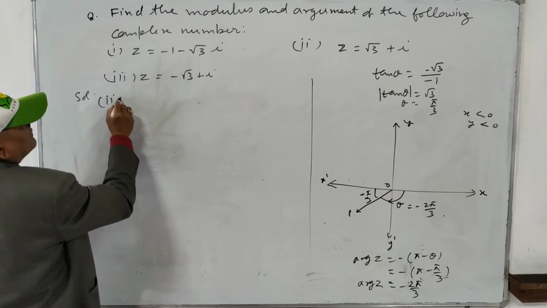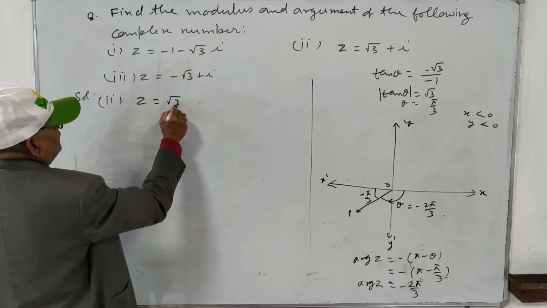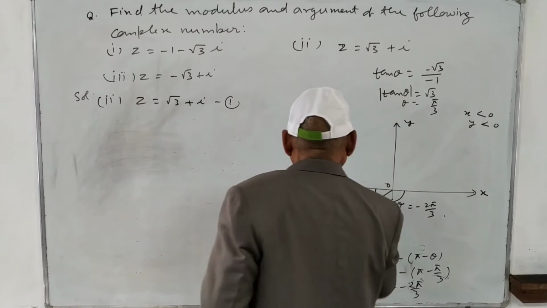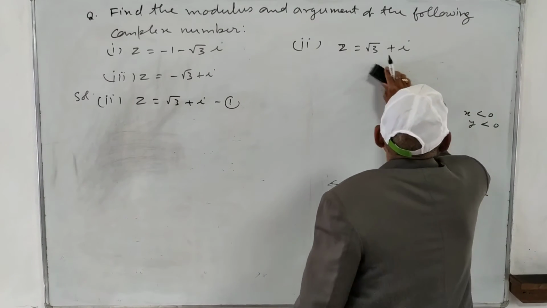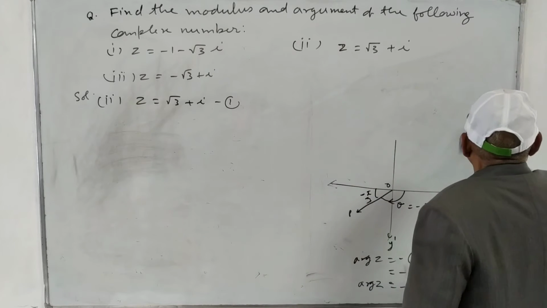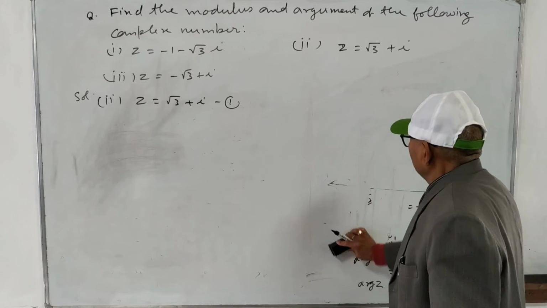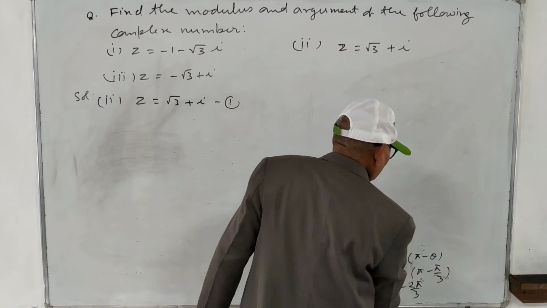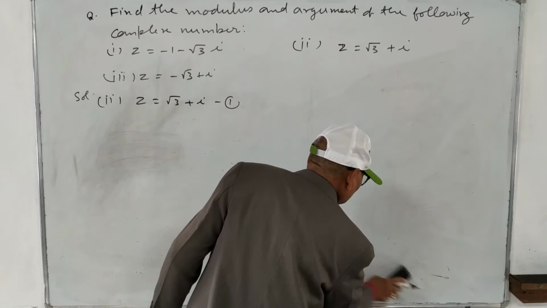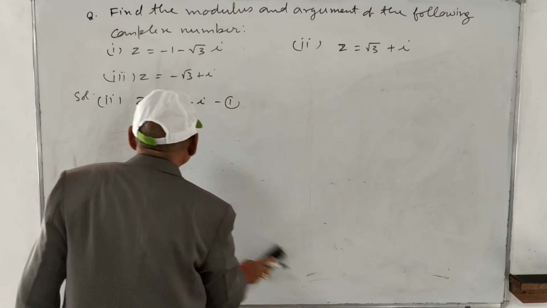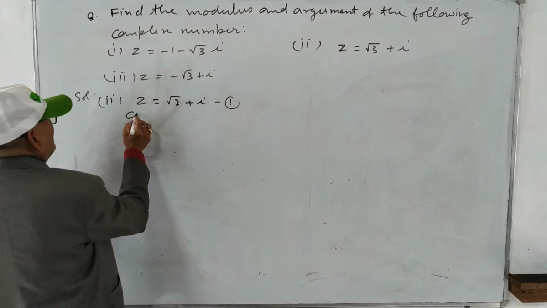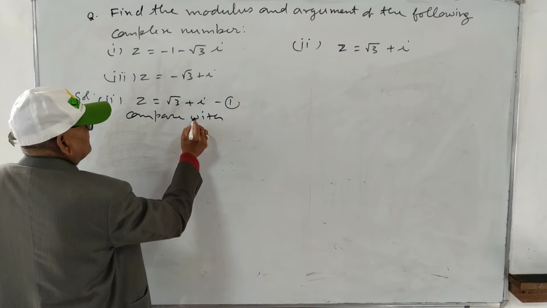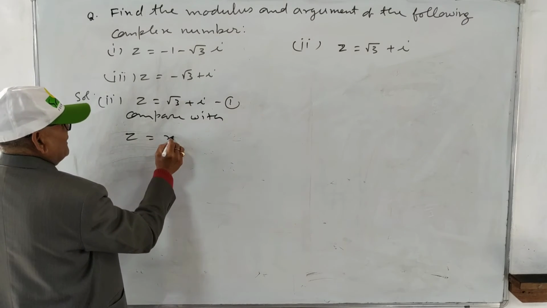Second part, z equal to root 3 plus i. This is 1. Now compare with z equal to x plus iy.